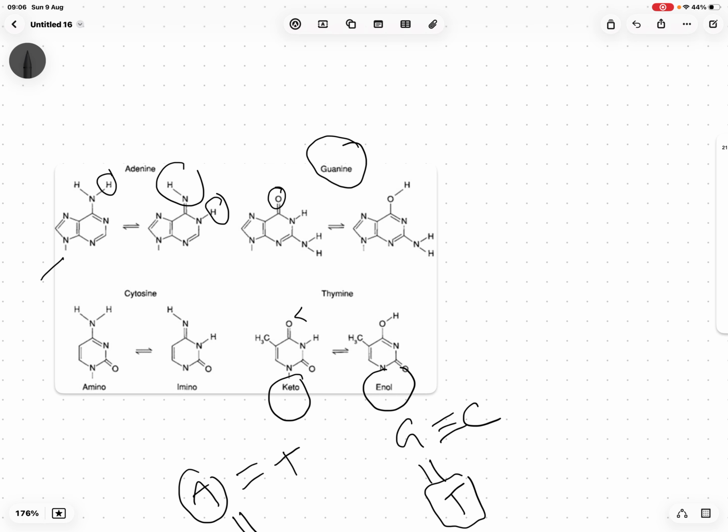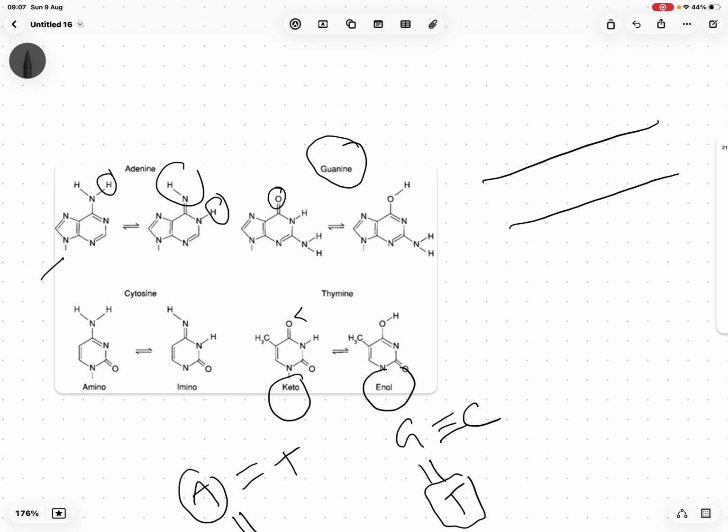Irregular or abnormal bases can be easily identified, but in a DNA sequence, because of these tautomeric shifts, while producing the nucleotides on the daughter DNA, a wrong nucleotide may be incorporated.